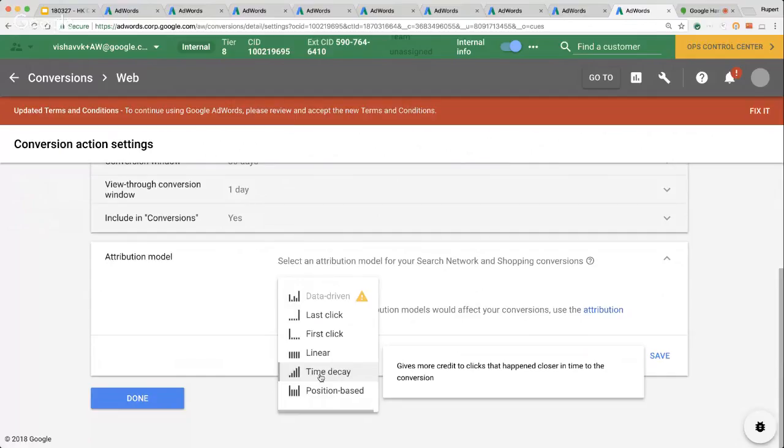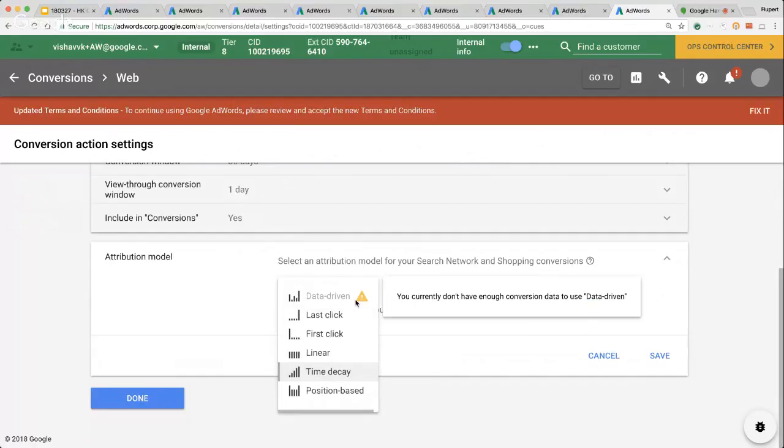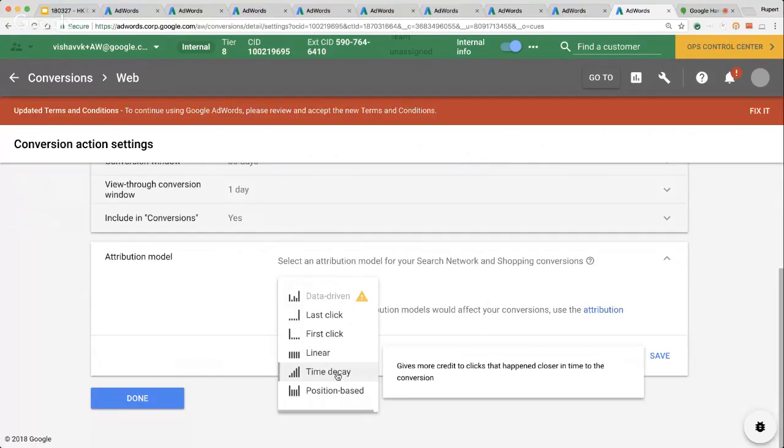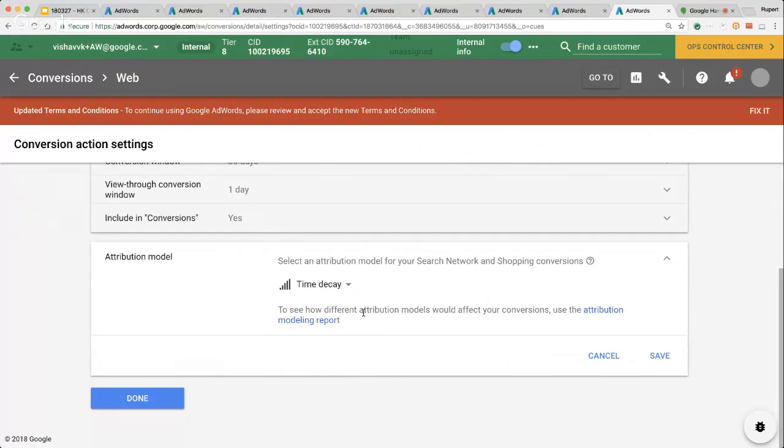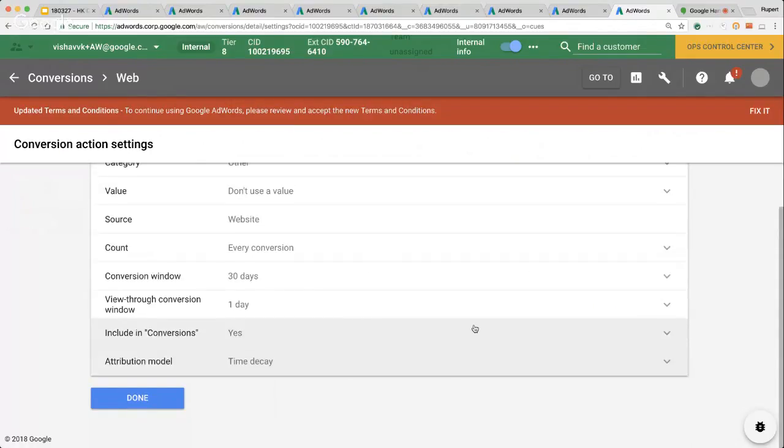So we definitely see time decay as the best alternative if you are not data-driven eligible. Once you are data-driven eligible, you will be able to see data-driven as one of the options, and you can select it. In this case, because this client doesn't have enough conversions, they can only do time decay. So you save the attribution, and then we can change to time decay.